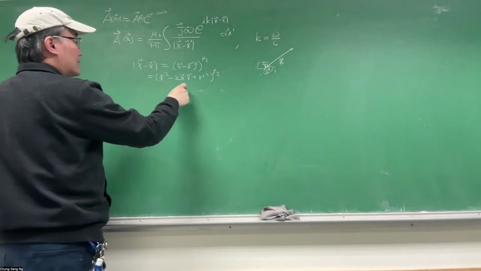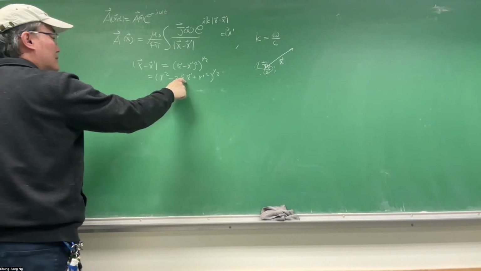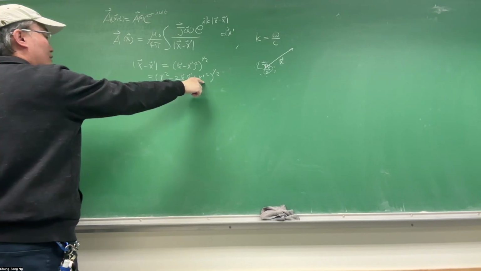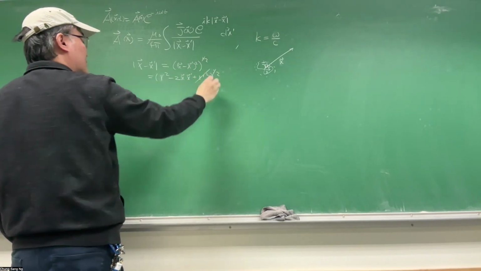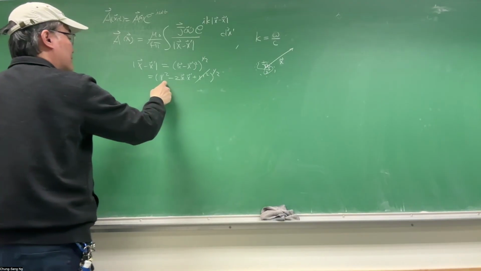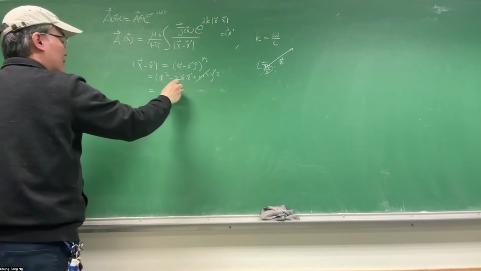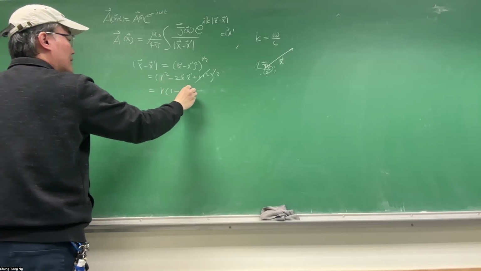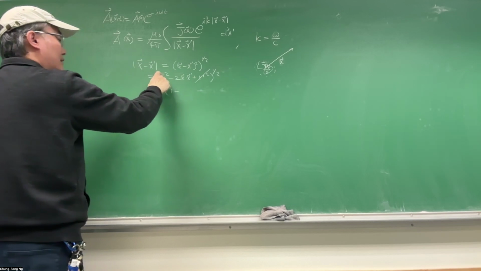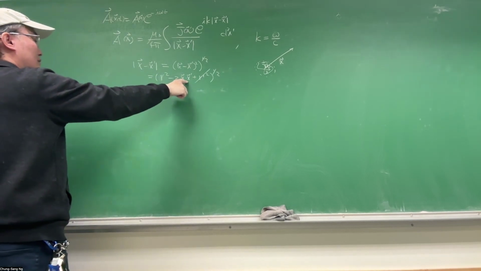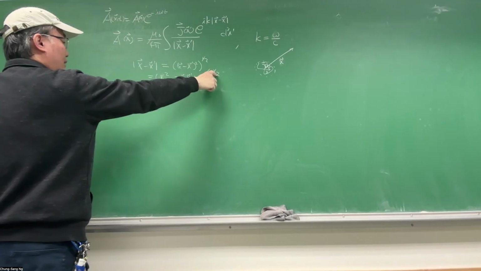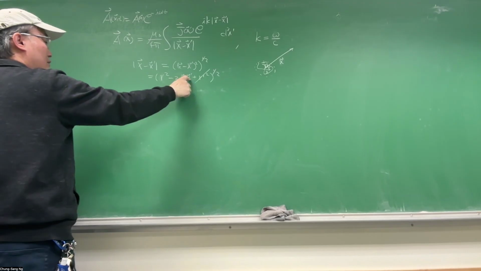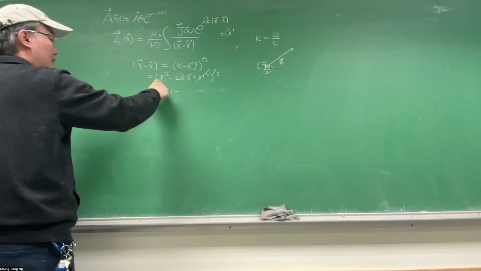Obviously, when R is greater than R prime, this is a linear term and this is a second order term. The rest is just binomial expansion. This is R times 1 minus the second term divided by R squared, and then use the binomial expansion, keep the linear term: you have 1/2 times minus 2 x dot x prime divided by R squared.